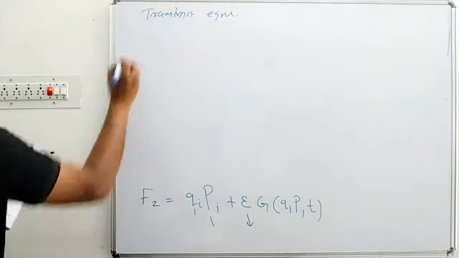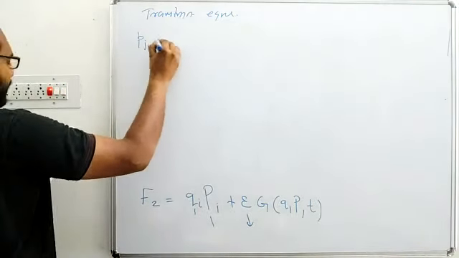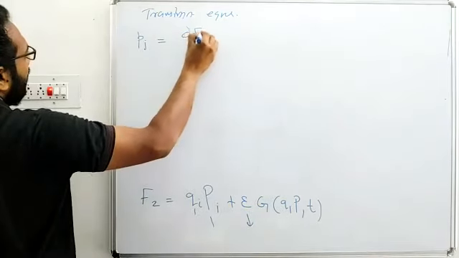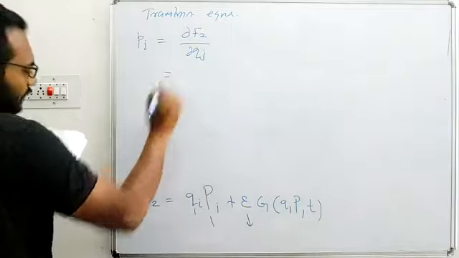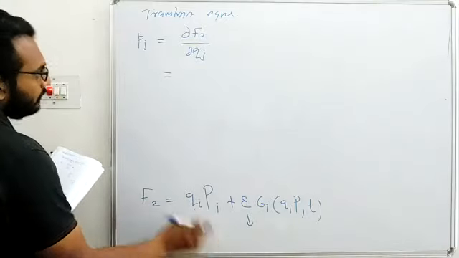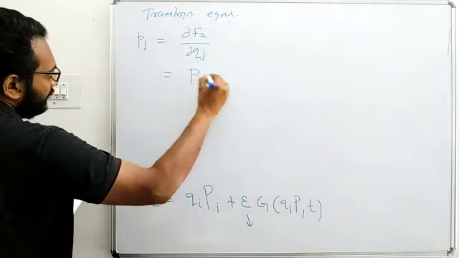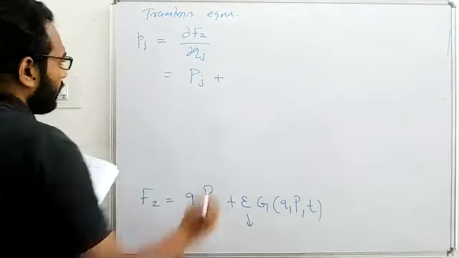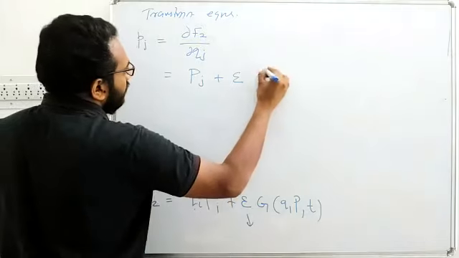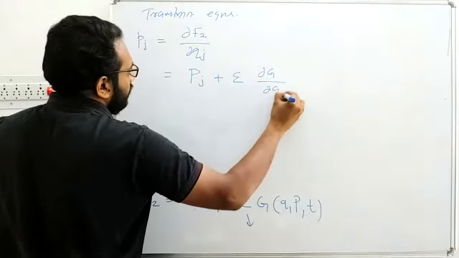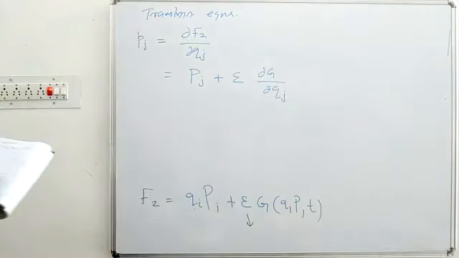So you see that Pj is equal to dou F2 by dou Qj. Now from here, small pj is capital Pj plus epsilon dou G by dou Qj.